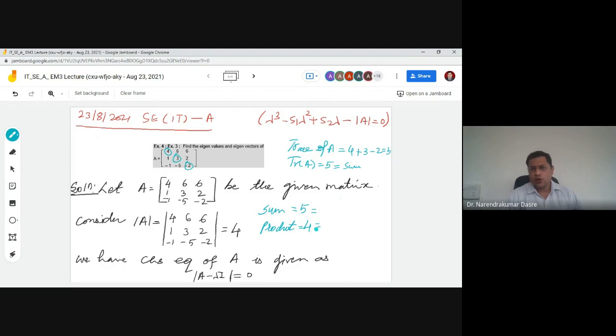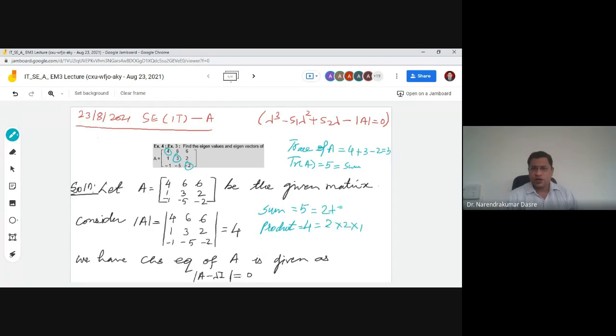Now we have to factorize this 4 into 3 parts such that the sum is going to be 5. So Shivam, can you factorize 4 into 3 parts such that the sum is going to be 5? Sir, 2 into 2 into 1.